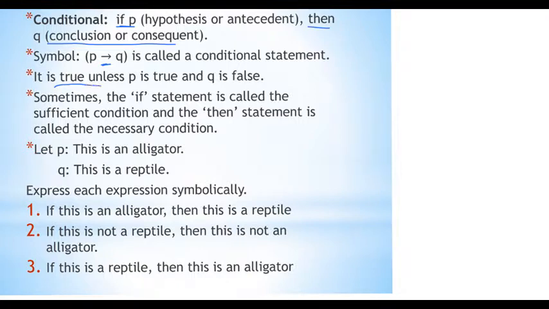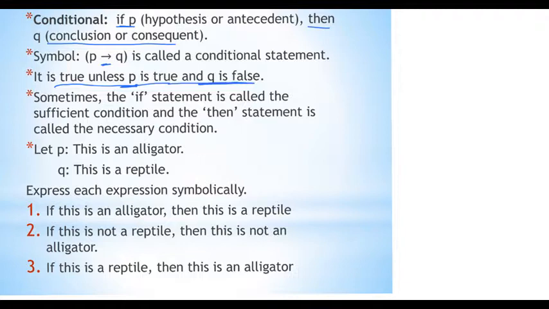It is true unless P, or the hypothesis, is true and Q is false. So if the first part is true and the second part is false, it's a false statement. Otherwise, it is true. And we'll look at that later on a truth table. Sometimes your if statement is called the sufficient condition and the then is called the necessary condition.